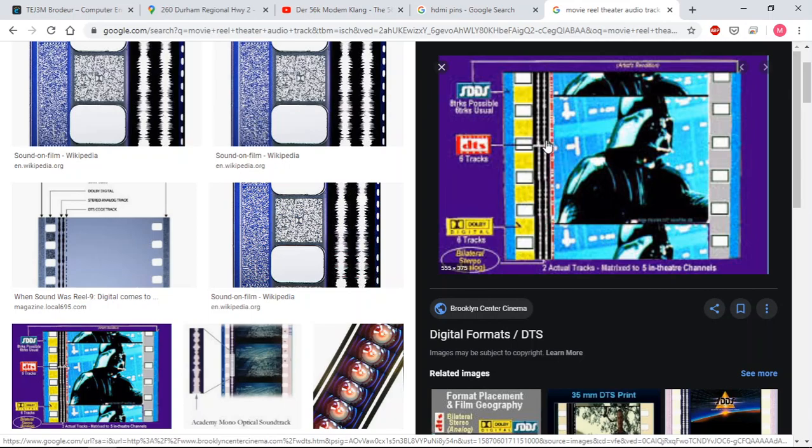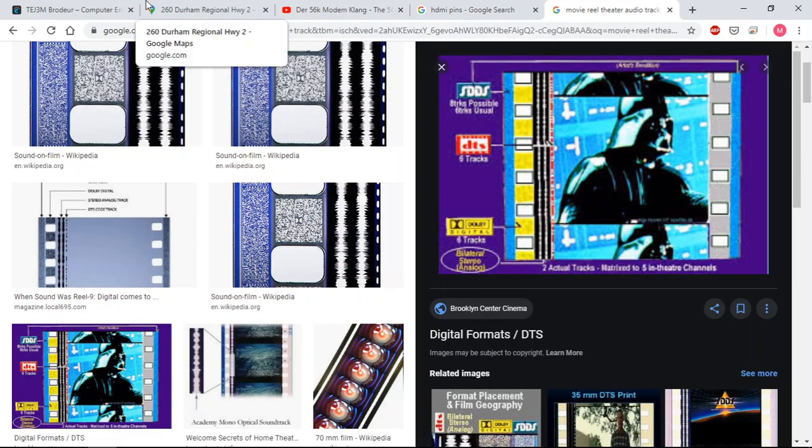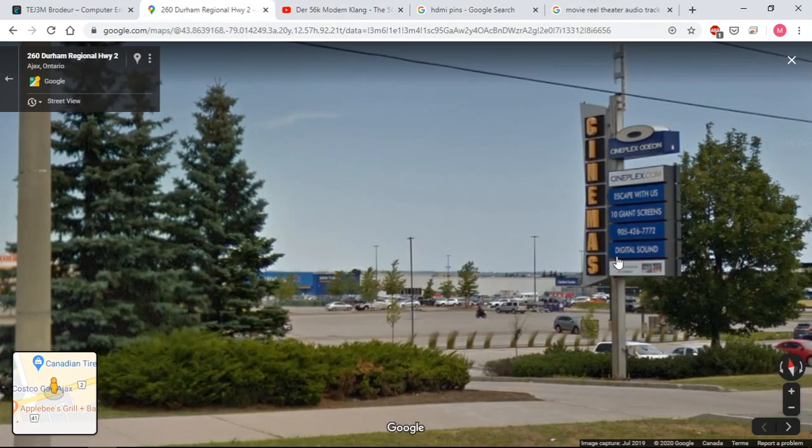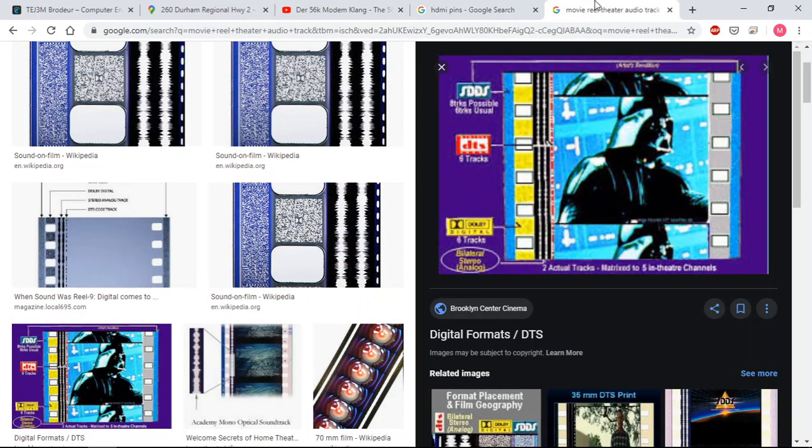And here it's actually analog, but I know in the newer ones, and that's why the Ajax theater here was saying digital, is because on their reels, on one of the sides, now it could be this one, like sound on film, that sounds right, they had the information in digital. And so this is what they meant.